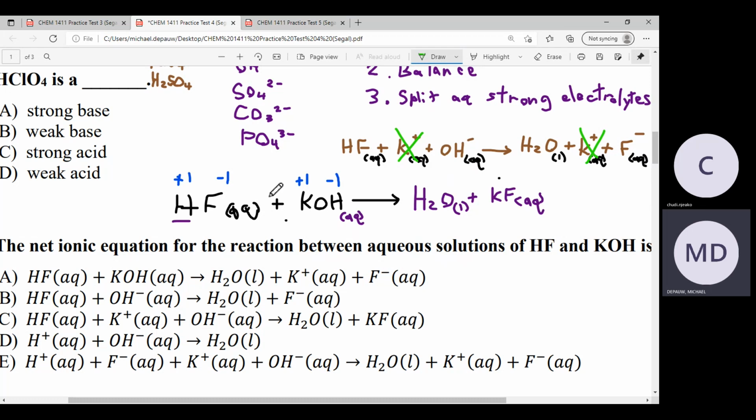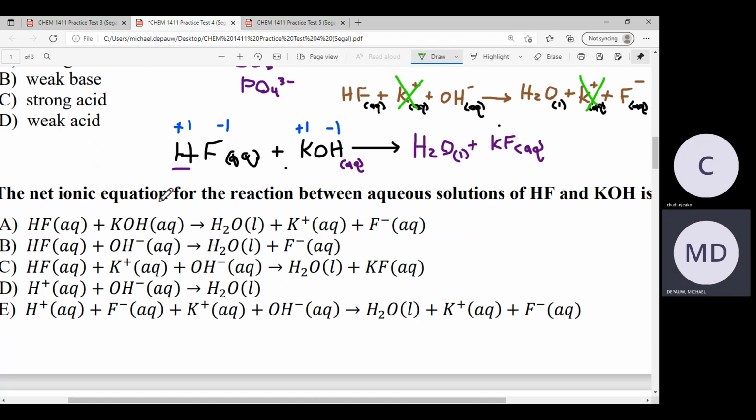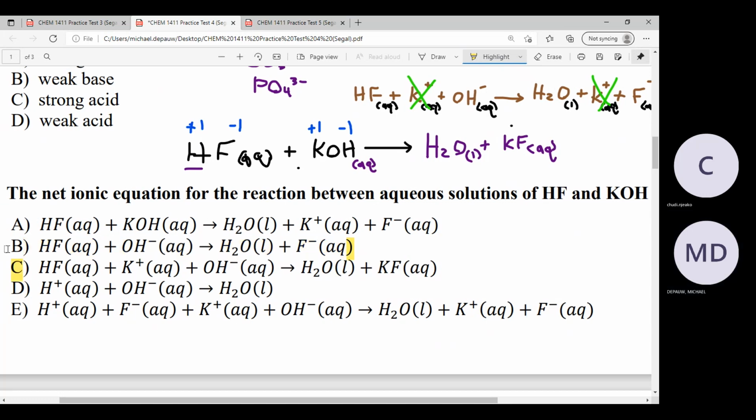That would be my net ionic equation. So in that case, I look down here, HF plus OH minus is equal to H2O and F minus. So the answer is B. Whoops. B, not C. Okay, there you go.